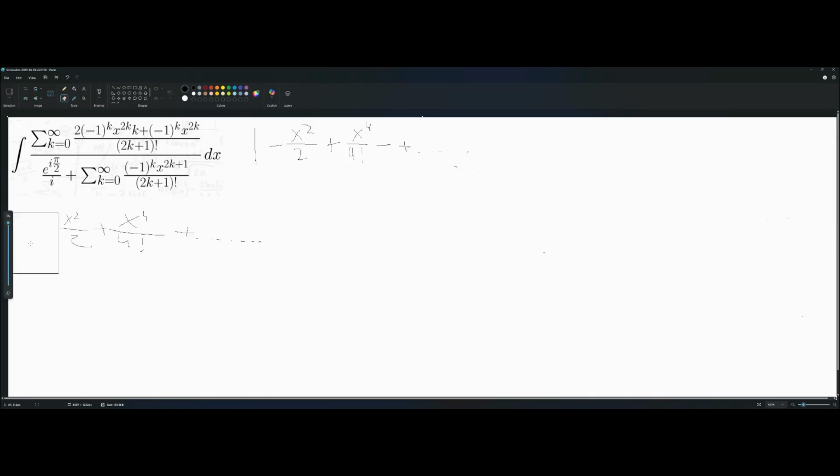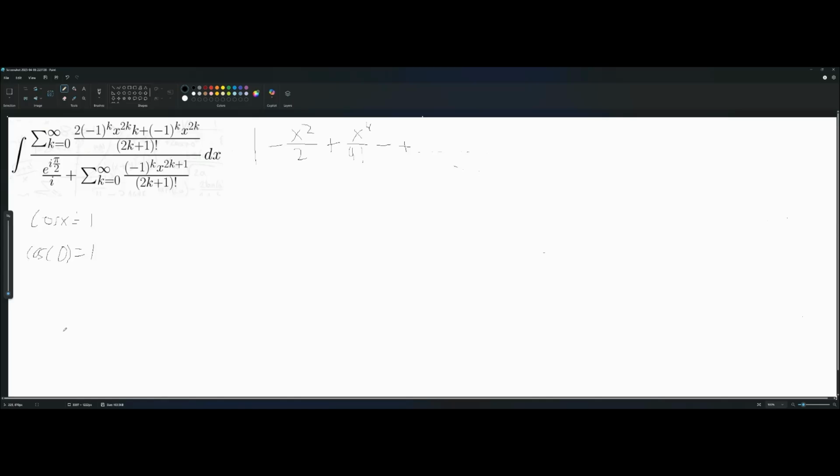And now let's look at another Maclaurin series. Let's look at the Maclaurin series of cosine of x. We know that cosine of 0 is equal to 1.